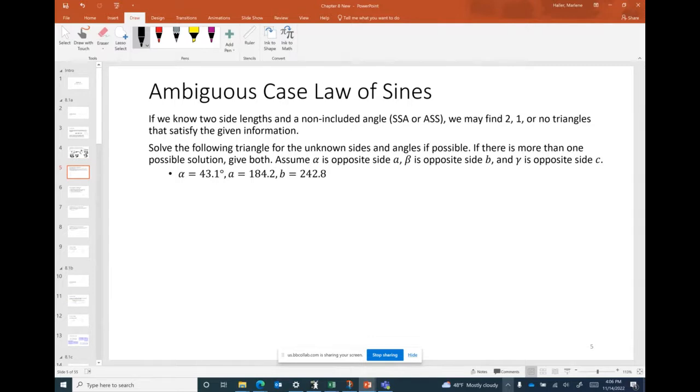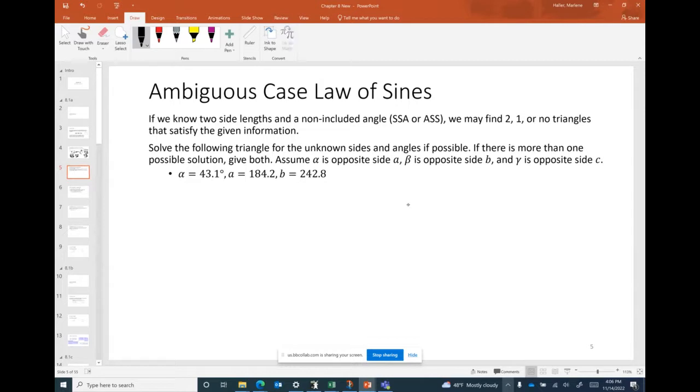So if you look at some given, let's see if we can maybe sketch that triangle that's being described there with alpha, A, and beta. All right, so let's see, what might that look like?